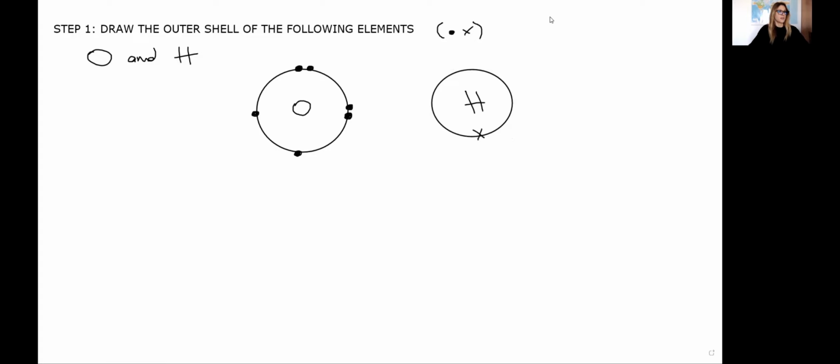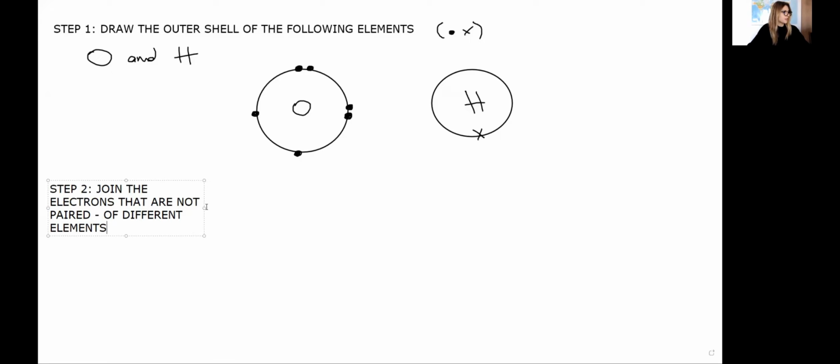Let's look at the second one. The second step would be to join the electrons that are not paired, and by that I mean the unpaired electrons of different elements. Okay?